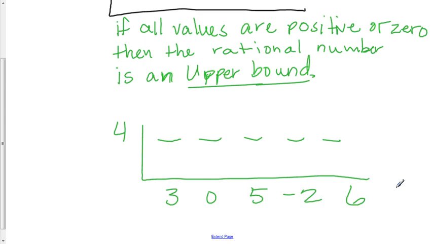It's neutral, so it can go either way. And so that alternates. But we don't want it to alternate. We want it to be all positive here. So now, because these are all positive, 4 would be considered an upper bound, meaning no value above 4 you would have to try out here because none of them are going to work anyway.